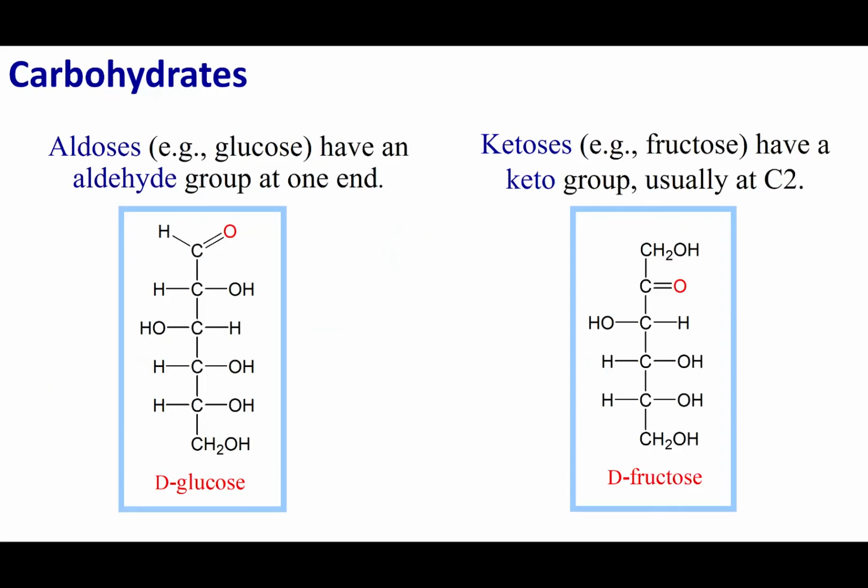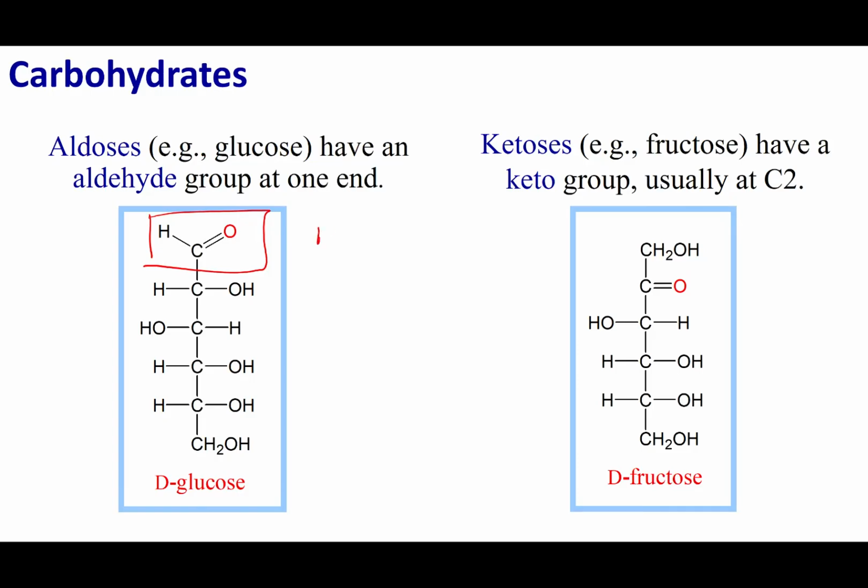Now, one important classification on monosaccharides is what groups they possess. The two major classifications for monosaccharides or simple sugars are aldoses and ketoses. This is based on the functional group that they have at the end of the molecule. An aldose is going to have an aldehyde group at the end.